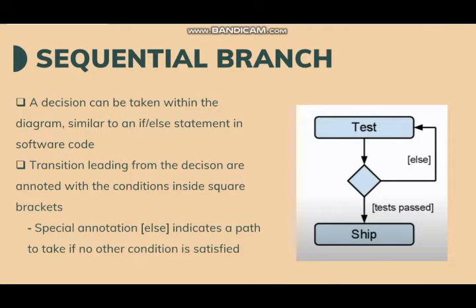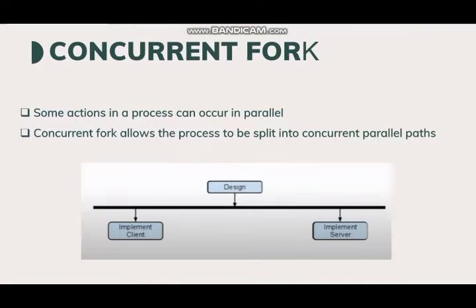In modeling processes, it's useful to show where certain steps can be carried out by different people or different components of the system in parallel. We can represent this in a UML activity diagram by means of something called a concurrent fork. A concurrent fork is simply a thick line to which one transition connects and from which several transitions originate.